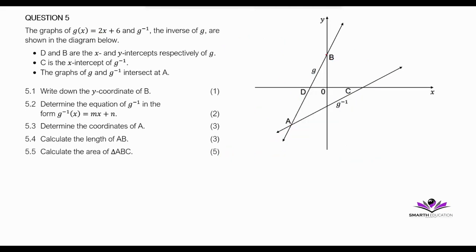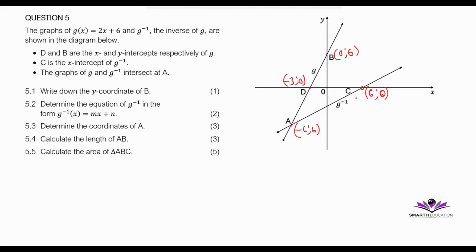We have our coordinates 0, 6. We have 6, 0. We have -6, -6. We have -3, 0.